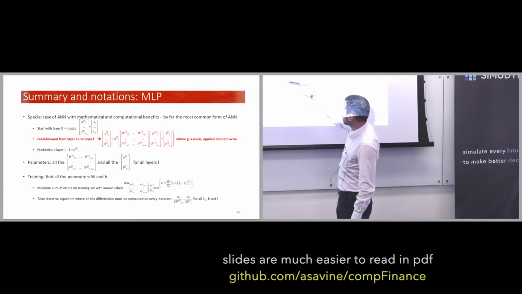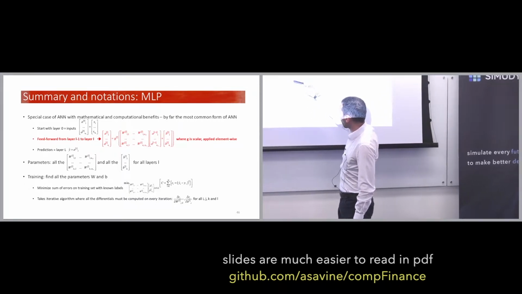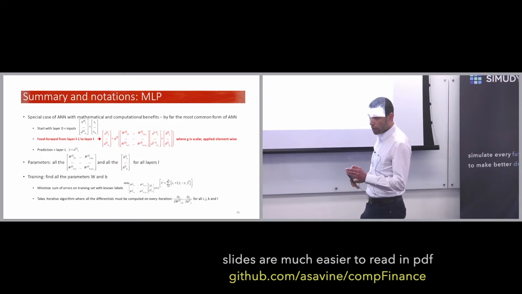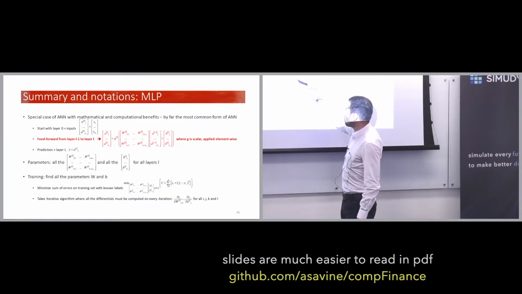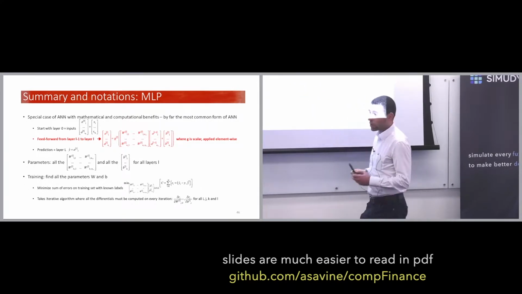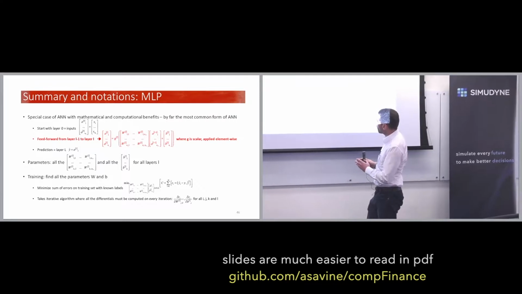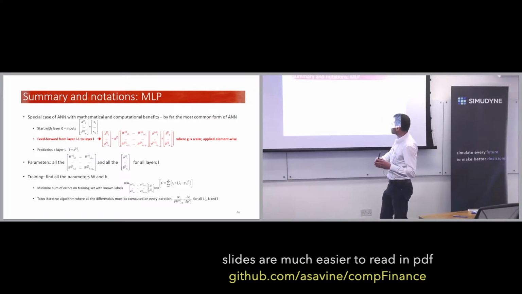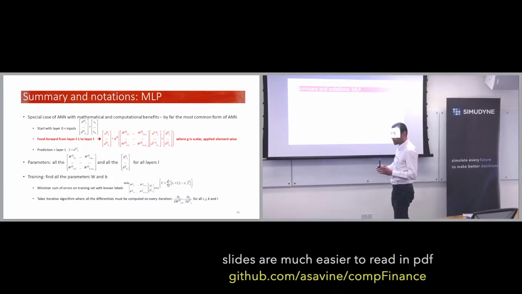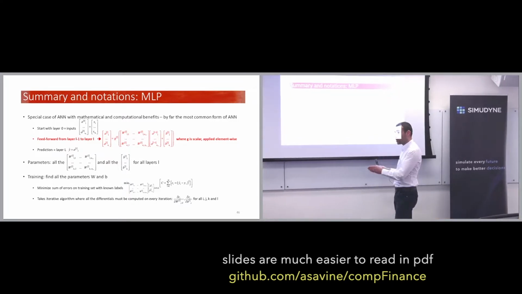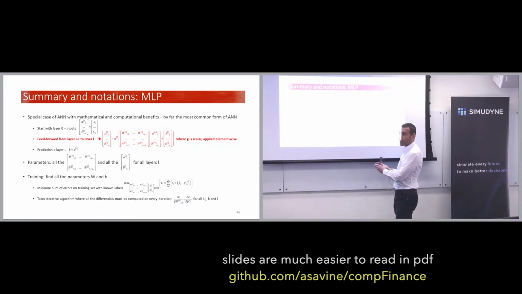And here you can see that for every layer, we have a matrix of weights, right? Because we have the linear weights of all the units in the previous layer, and we have different weights for all the units in the next layer.